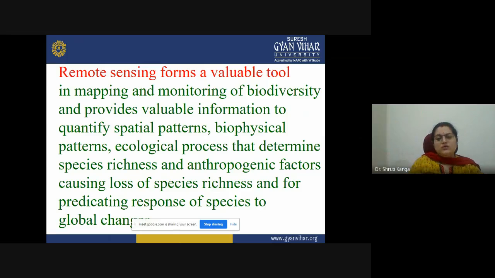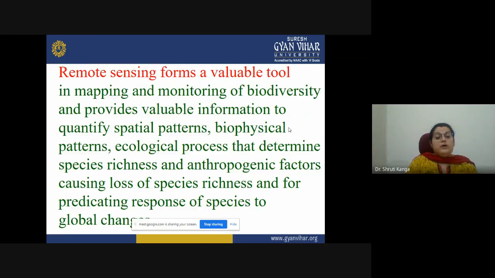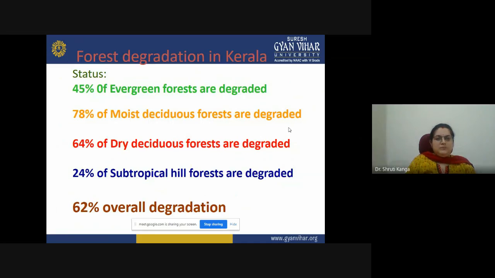All these things we can do very easily with the help of these geospatial techniques, and they are also helpful in predicting and analyzing the richness and the different global changes in a particular area.